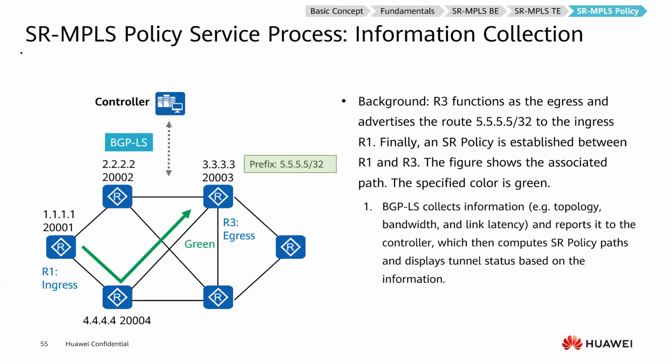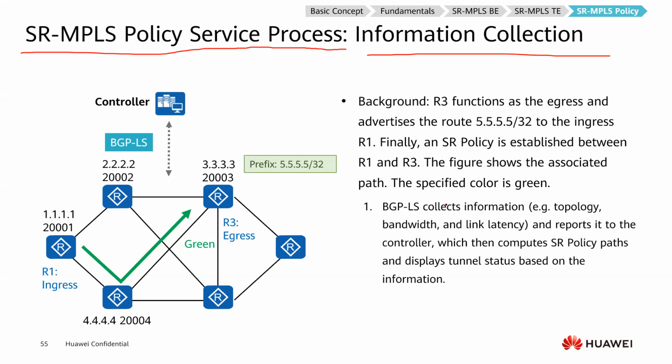So here, let's look at the SR-MPLS policy service process. First is information collection, which is very simple. At the very beginning, we will use OSPF and IS-IS to exchange the topology information with each other.